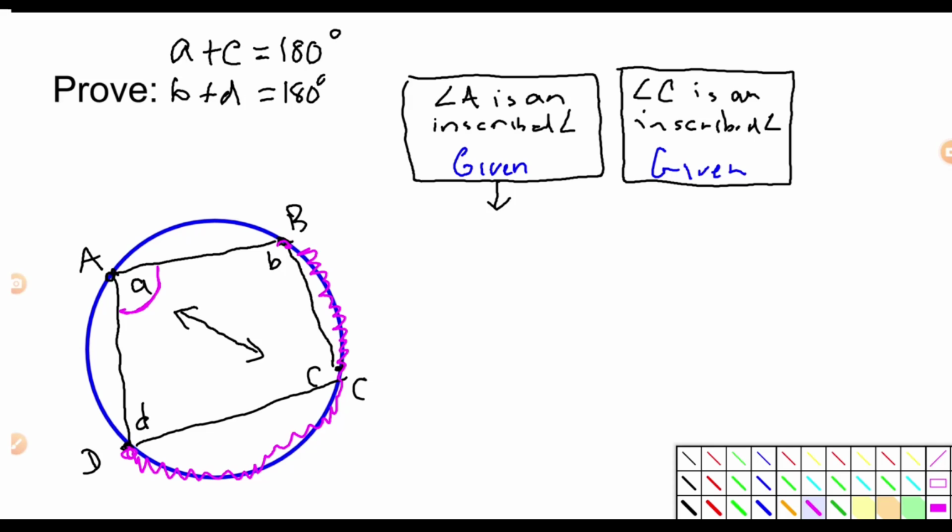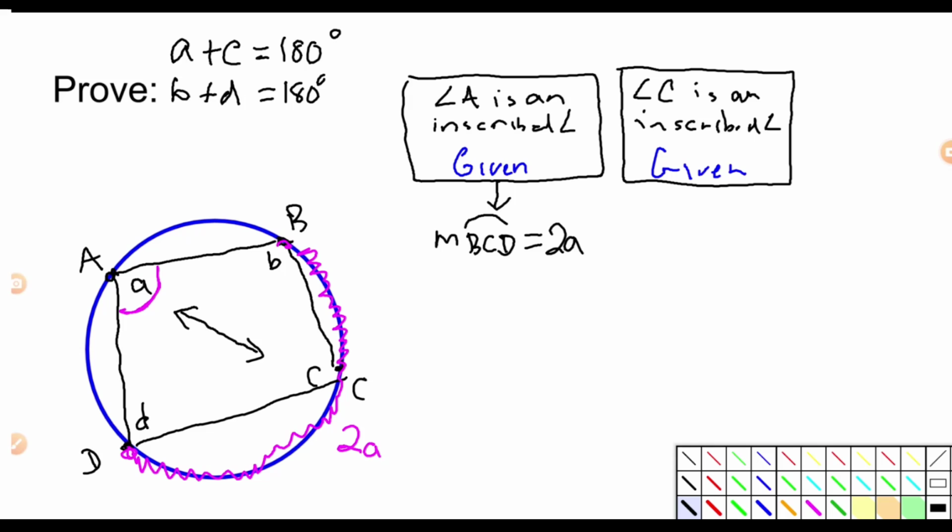So if this is A, then we can conclude that this arc measure will be 2A, or just double it. All right, so let's write that in. So we're going to say in this problem, the measure of arc BCD is equal to 2 times A. We're just doubling whatever angle that we had there.